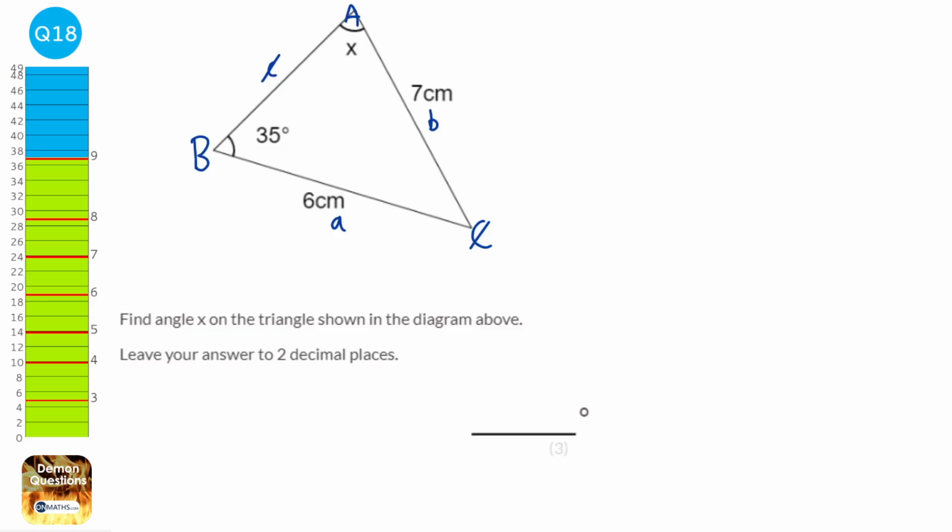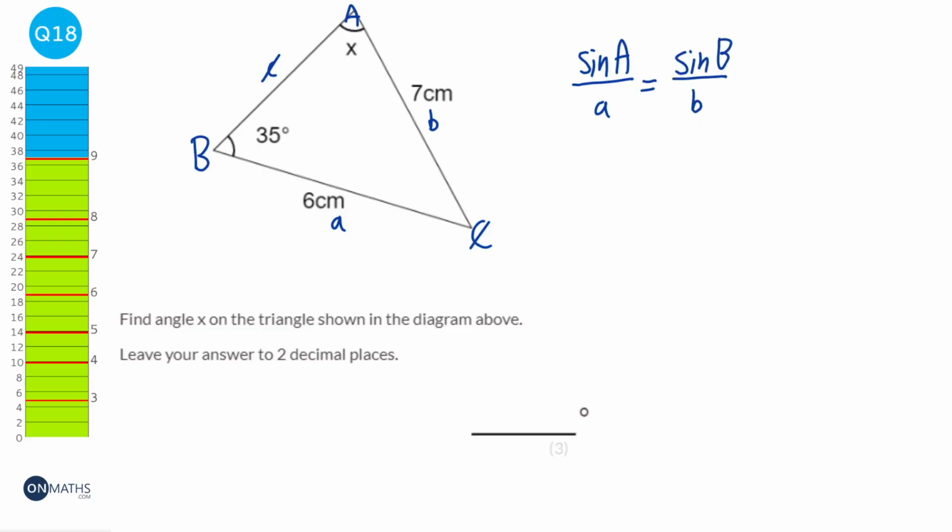And so when you've got 2 pairs of angle and sides, you are going to be using the sine rule. The sine rule says that sine capital A over lowercase a is equal to sine capital B over lowercase b.